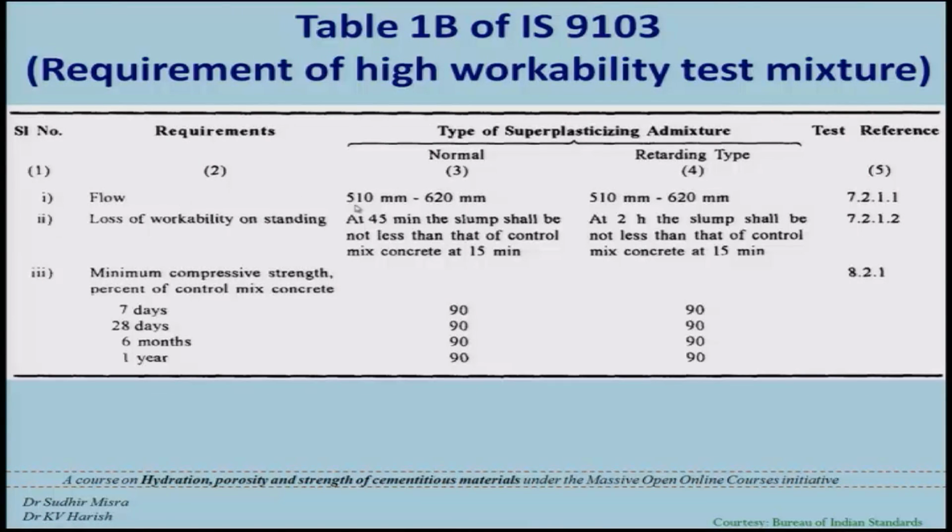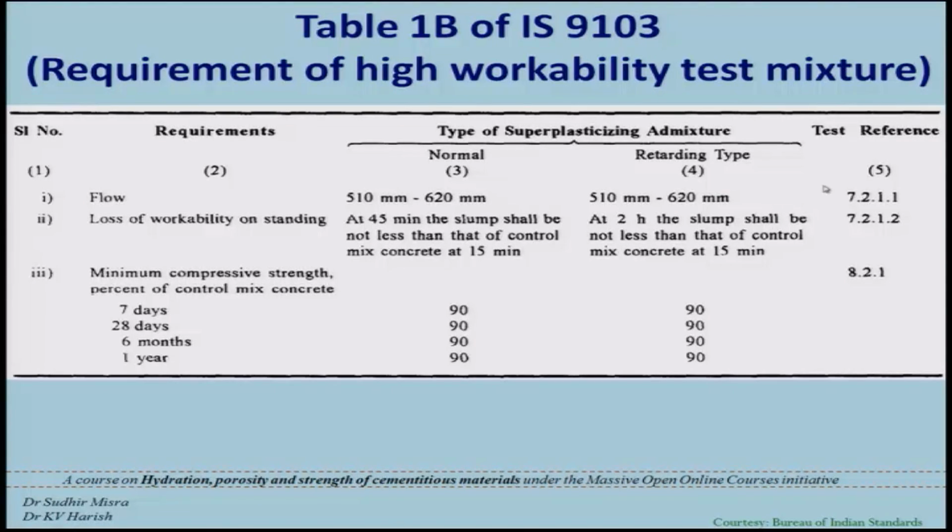So, for flow we have 510 mm to 620 mm, and the same for retarding type. For loss of workability on standing, at 45 minutes the slump shall be not less than that of control mixed concrete at 15 minutes, and for retarding type we have at 2 hours the slump shall be not less than that of the control mixture at 15 minutes.